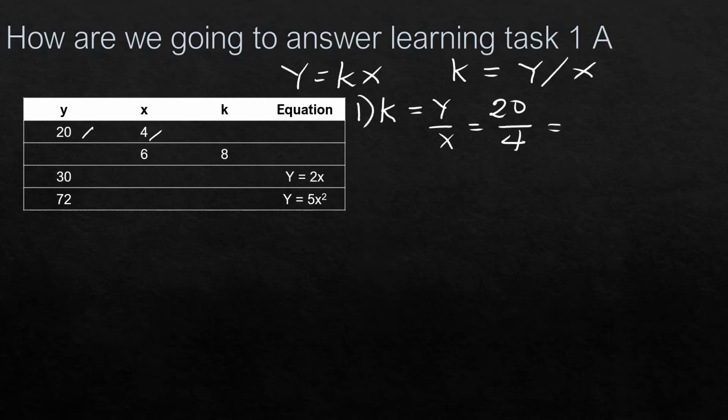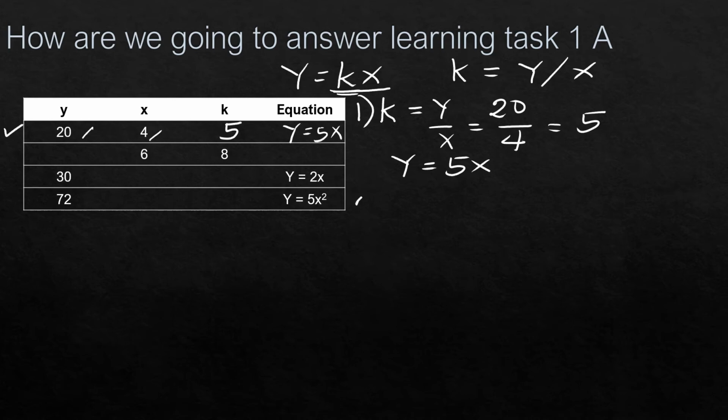So, 20 divided by 4, we have 5. Ang constant natin ay 5. Next, the equation is y is equal to kx. Our k now is 5. So, y is equal to 5x. We're done with our first line.